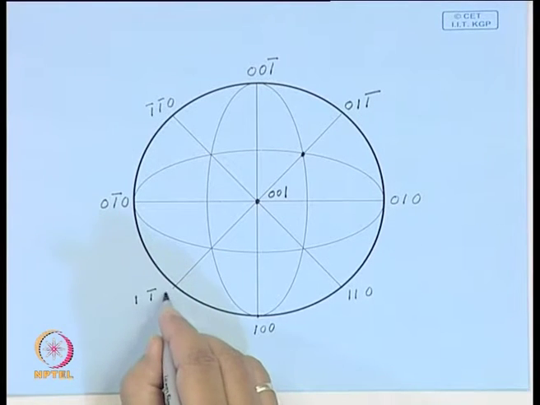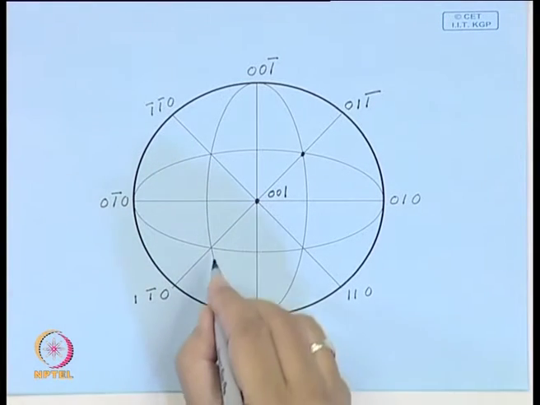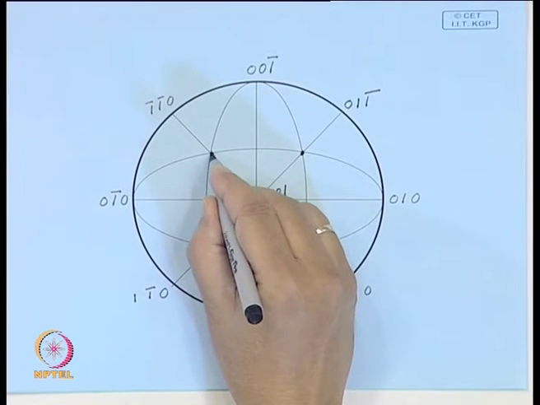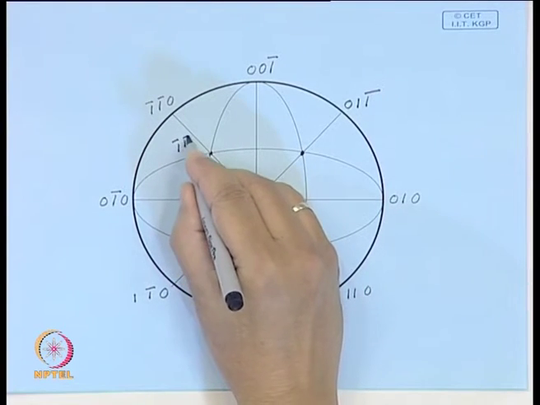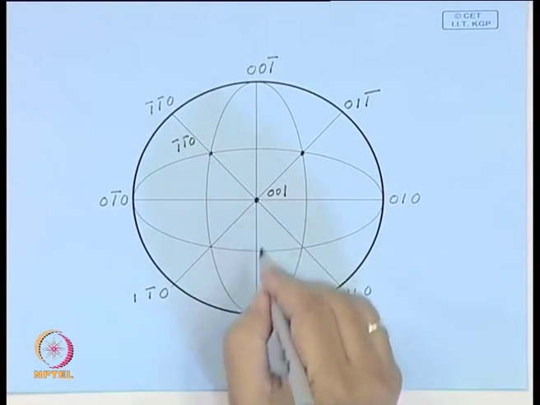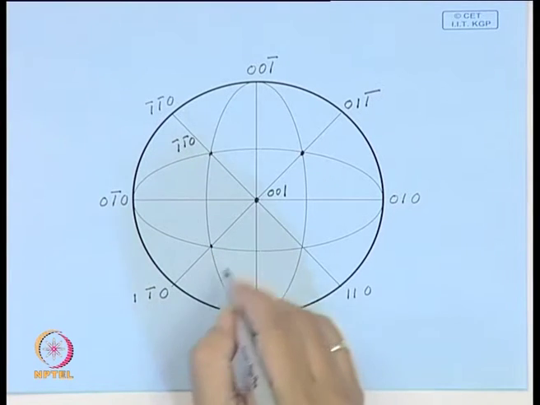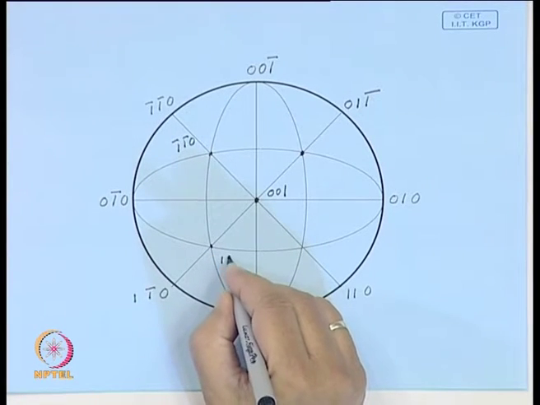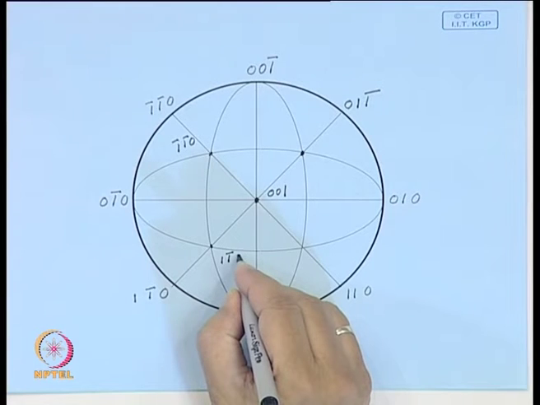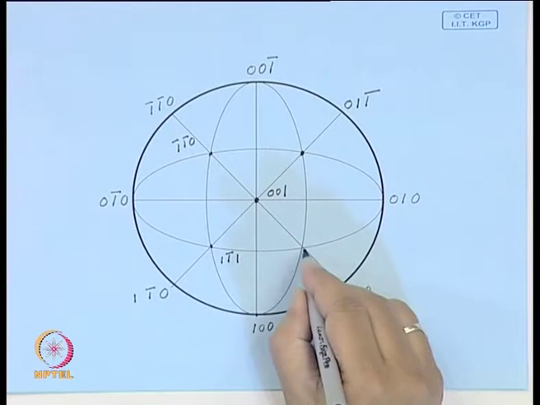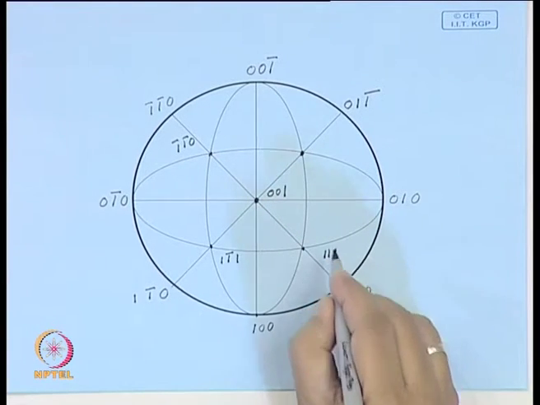So, this is 1 1 bar 0, this is bar 1 0, this is 1 1 bar 1, this is 1 1 1.